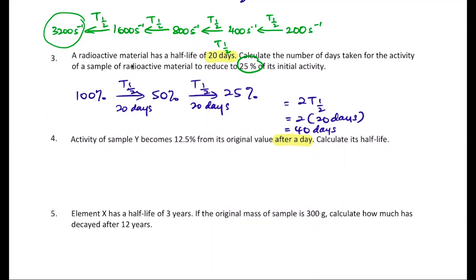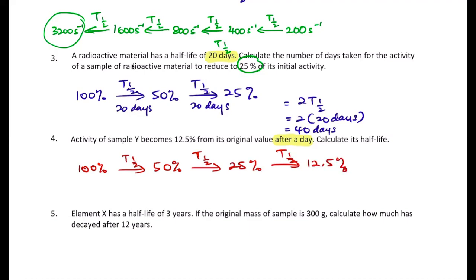Okay, check. 100%. One half-life becomes 50%. 25. Another half-life is 12.5%. So 3 times half-life after a day means 24 hours.